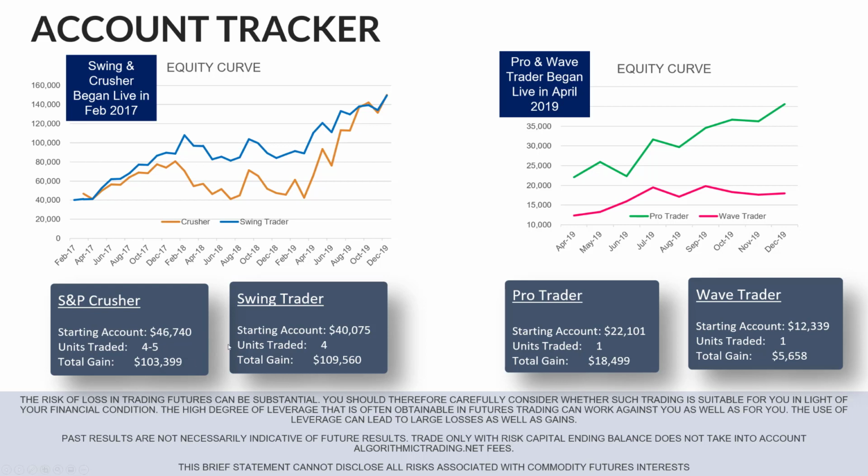But again, it doesn't take into account our one-time fee and the maintenance fee, but it does show just what a typical customer that would have started at the same time with about the same amount, and assuming they didn't change the account size or cancel any of the algorithms or turn off any of the algos, if they would have just let it run, then they would see gains very similar to this. But of course, we can't guarantee that in the future this will hold. There's always risk of loss, and so I think I've talked about that probably enough though.